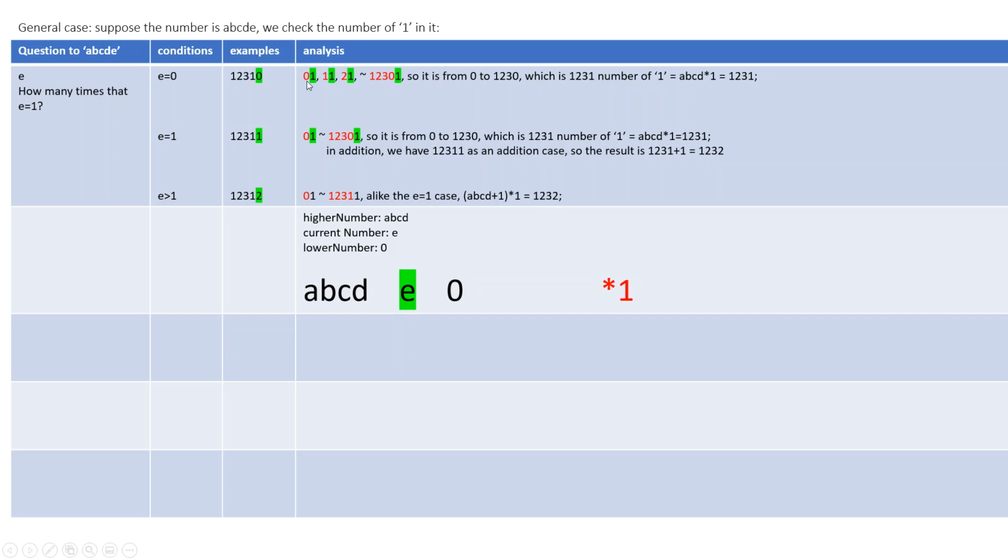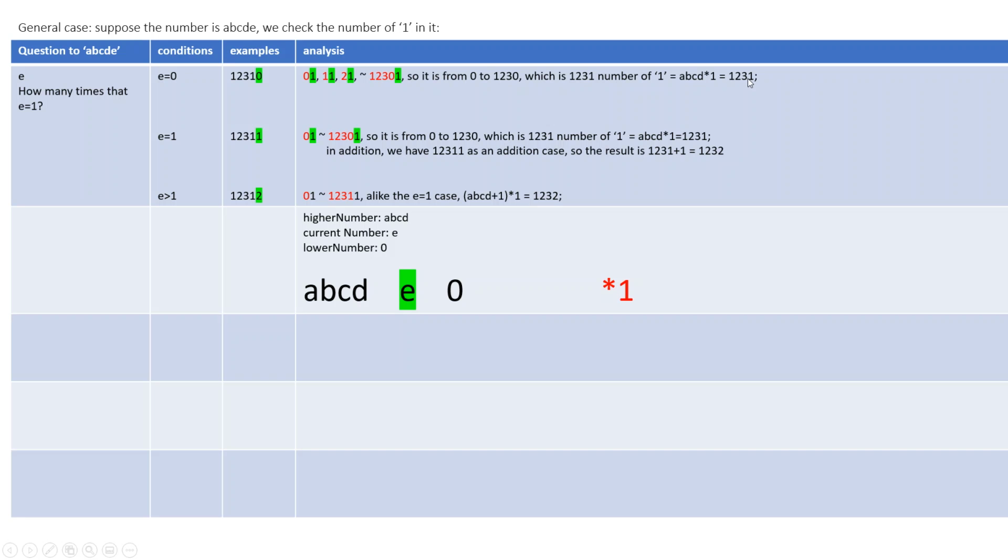Let's look at the red numbers. They range from 0 to 1, 2, and finally to 1230. Since it ranges from 0 to 1230, it includes 1231 ones at this green position. We can count this number as ABCD times 1, which is 1,231. Sorry, I made a mistake before.